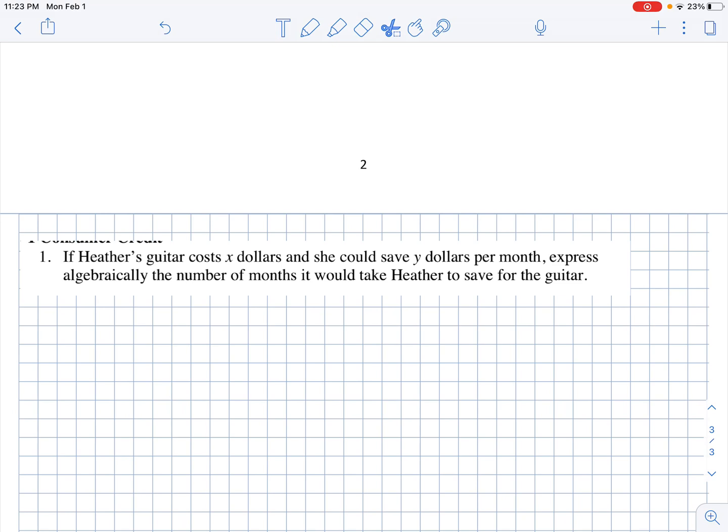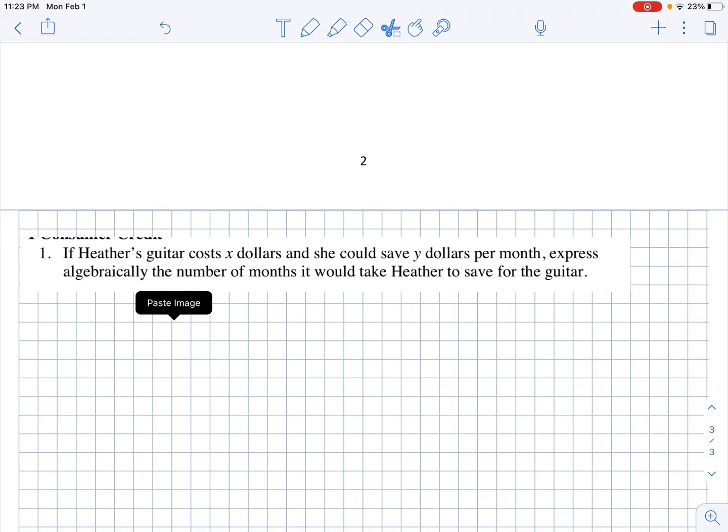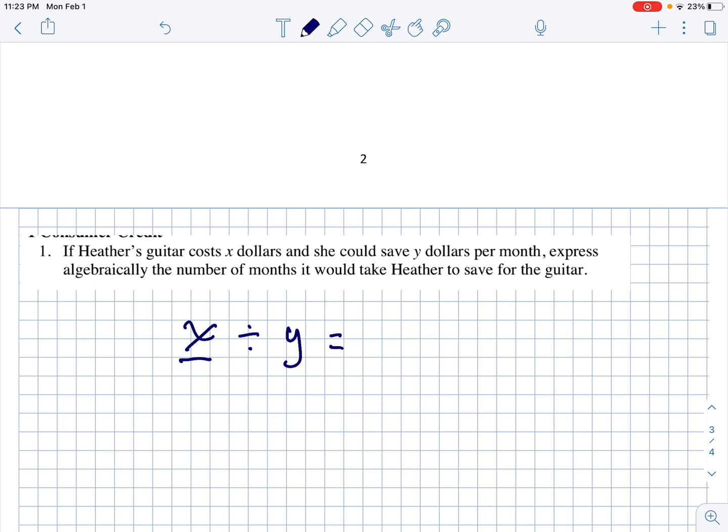Okay, so if the guitar costs X dollars, and she could save Y dollars per month, algebraically, how many months would it be? So this is the cost, and we're just going to divide it by Y, and that's going to equal the number of months on there. X just divided by Y. That's it.